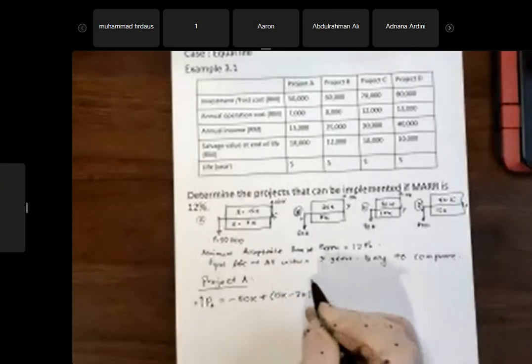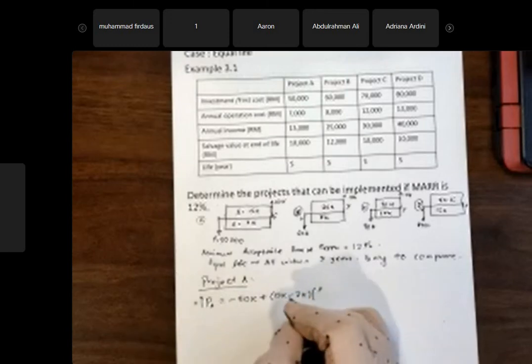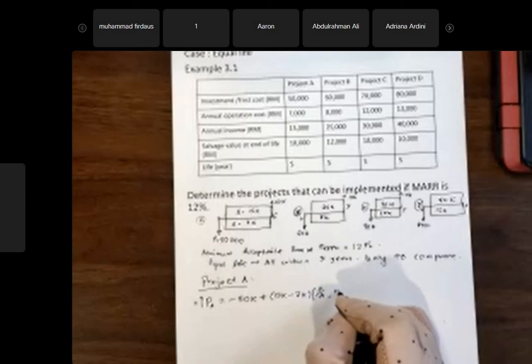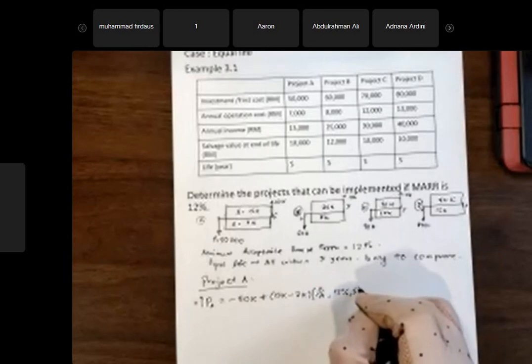Otherwise you have to do it one by one. And then this one is P over A, with 12% within 5 years.